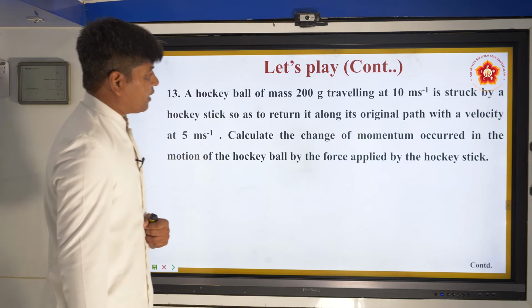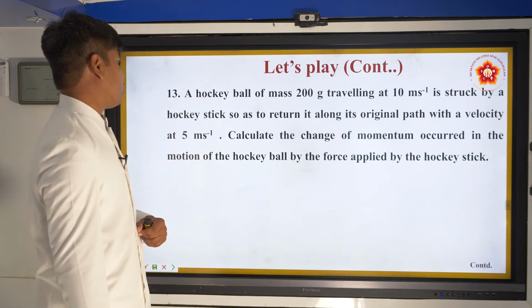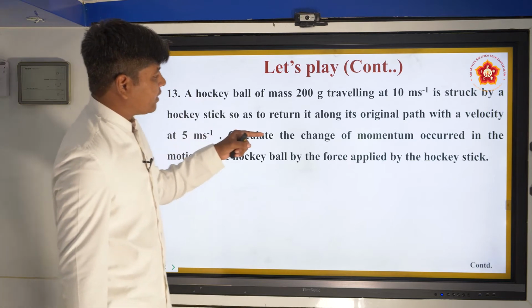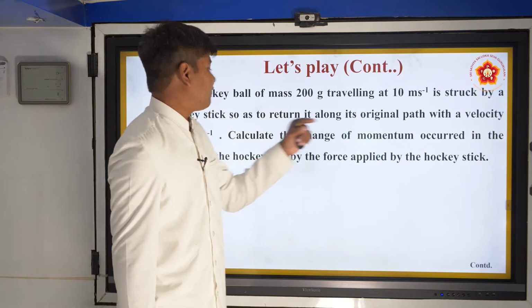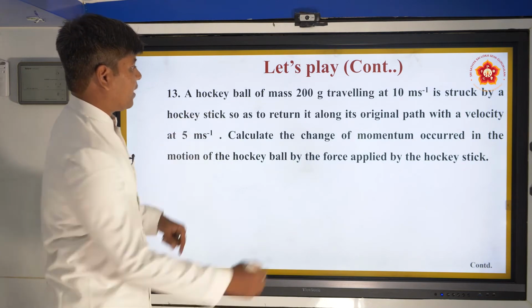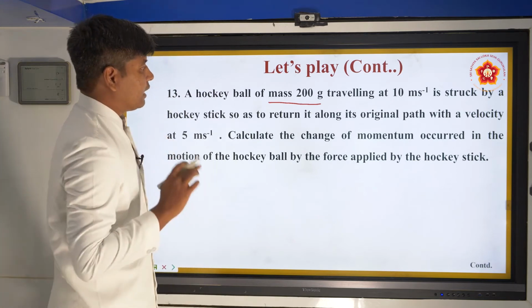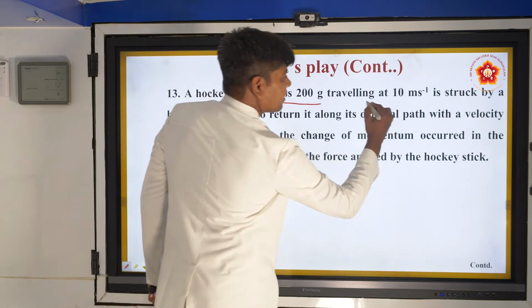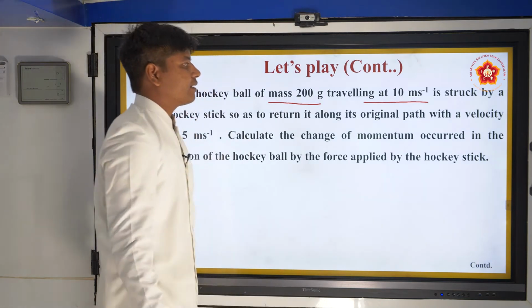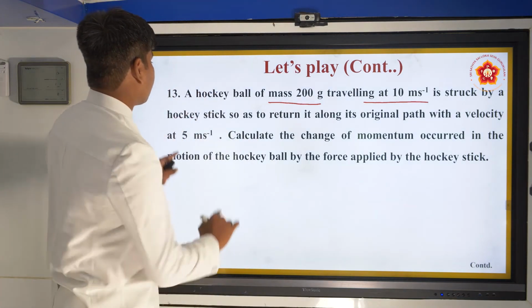A hockey ball of mass 200 grams traveling at 10 meters per second is struck by a hockey stick so as to return it along its original path with a velocity of 5 meters per second. So the mass of the hockey ball is given, it is traveling at 10 meters per second, so the initial velocity is also given, and it is being struck by a hockey stick.